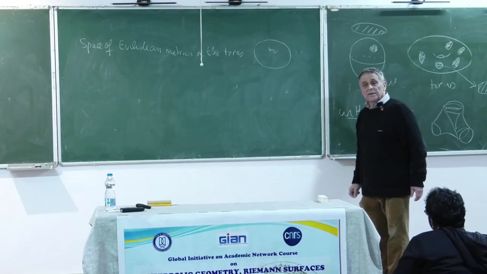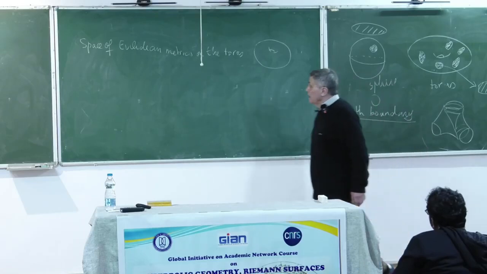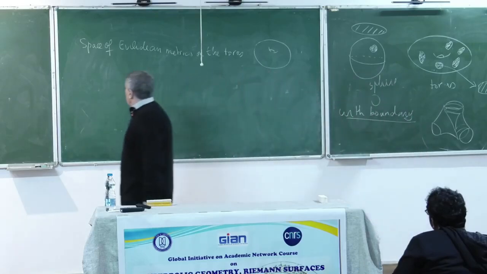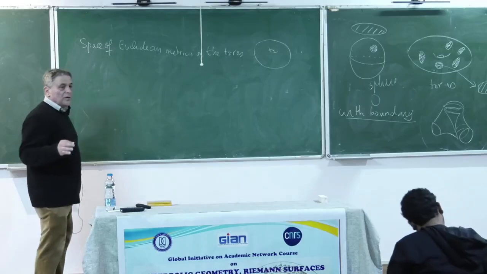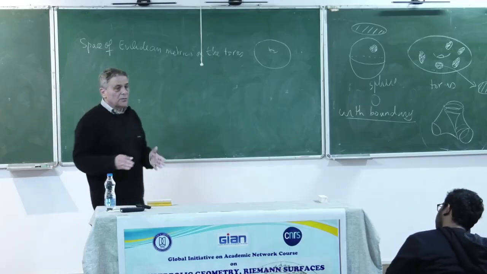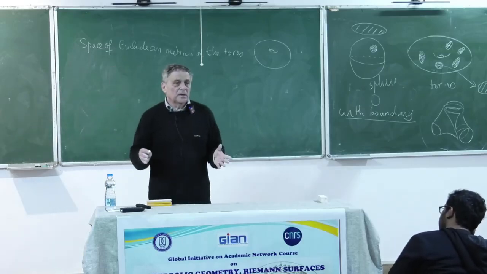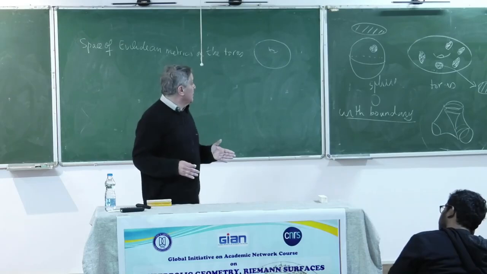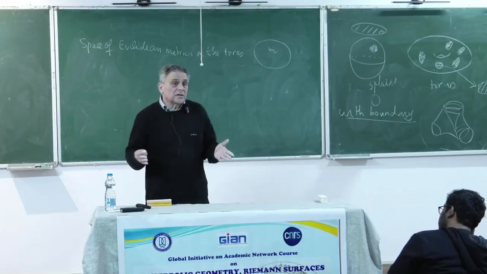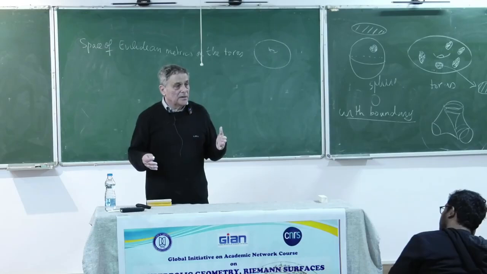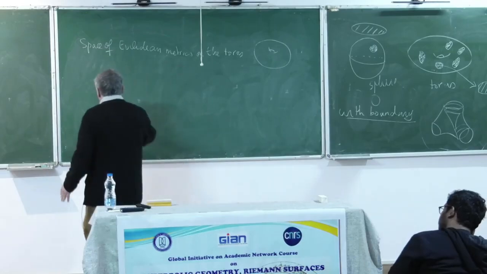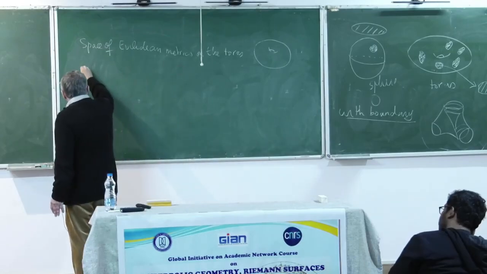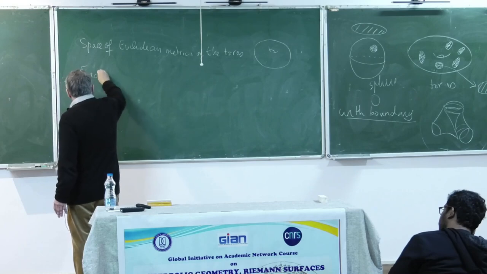We said that there's a normalization. For instance, we don't want to have tori where one is just a multiple of the other, right?